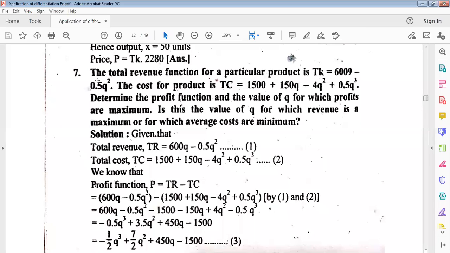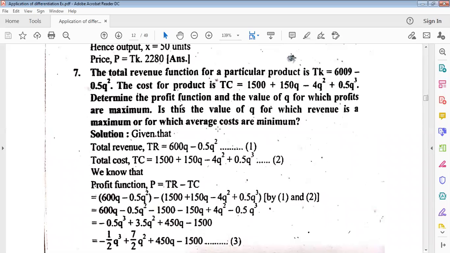Now example 7. The total revenue function for a particular product is taka 600q minus 0.5q square. The cost for the product is total cost equals to this, and determine the profit function and the value of q for which profit is maximum. Actually here q is the quantity, q is the total output.